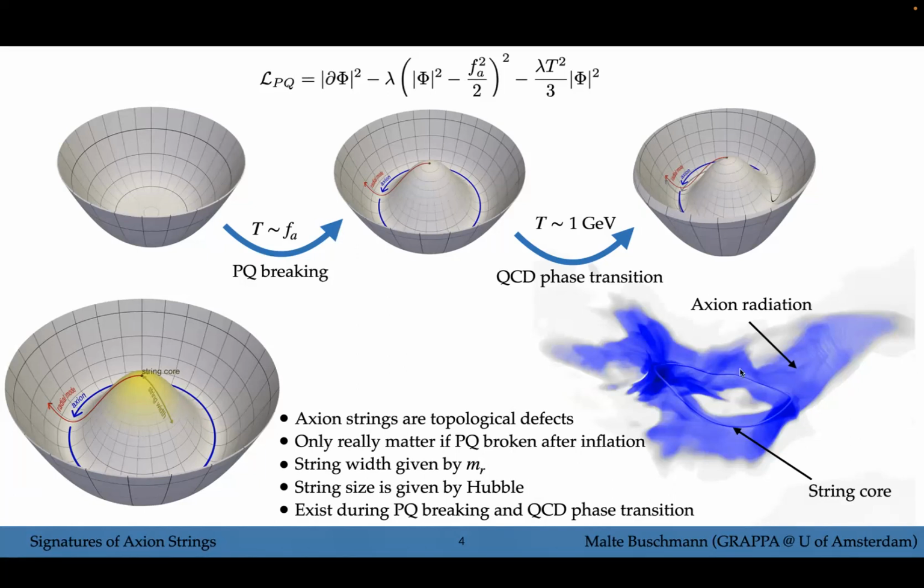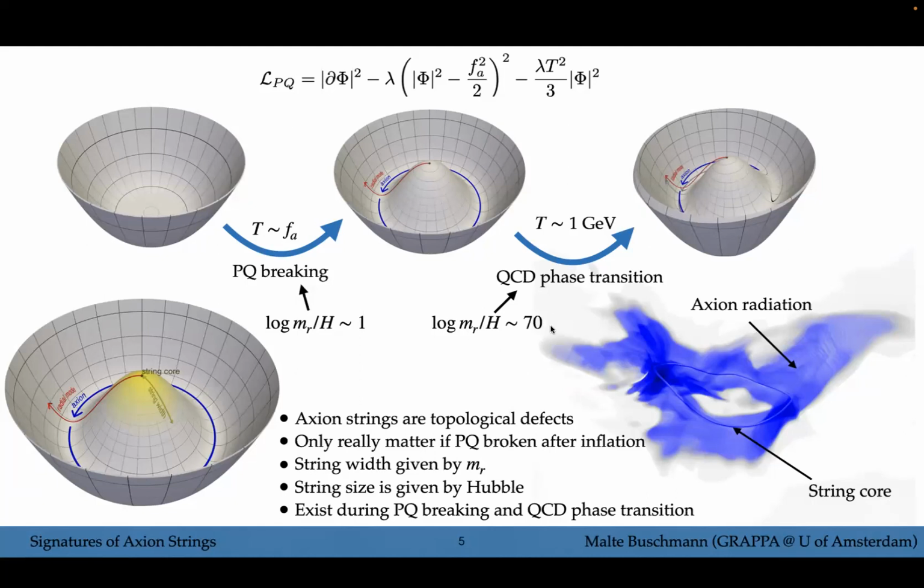Now, generally, they exist between the PQ and the QCD phase transition, though they do take some time to decay, which will become important a little bit later. Given that they have a size and a width, which are given by these two quantities, what Giovanni already pointed out is that this is computationally quite a bit of an issue if you want to do it numerically, because the scale separation, while it is order 1 very early on, just due to being in a comoving universe, becomes very, very large.